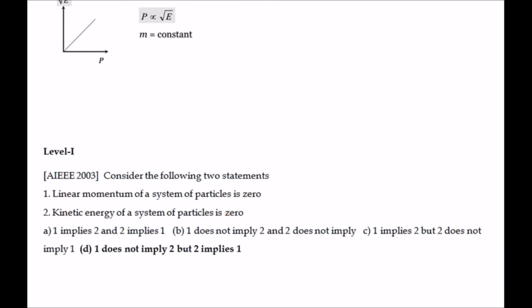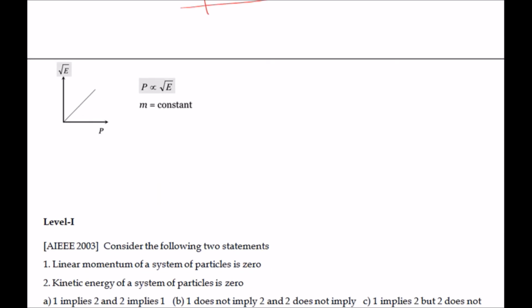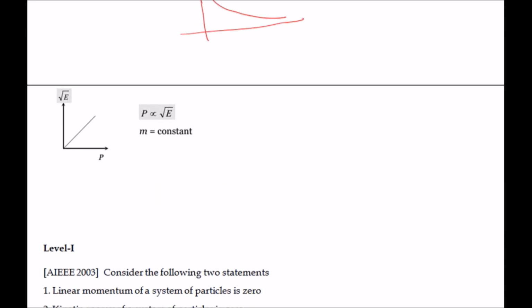Now we will see our fourth graph, which is the momentum versus energy graph, when the mass is constant. As we know, p is equal to square root of 2mE, that is, p is directly proportional to square root of E for constant m.